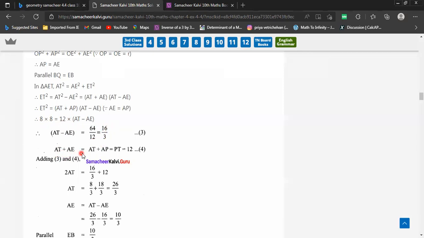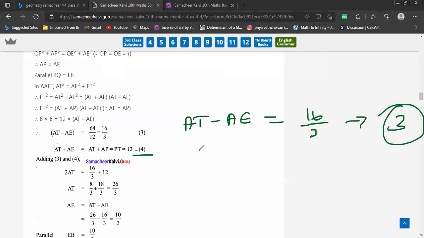So AT plus AE is equal to, yeah, you can substitute AE as AP again because AE is equal to AP. We already learned that. Again, you can replace this AT plus AP as PT here. So that will become 12. So assume this AT minus AE as equation 3.